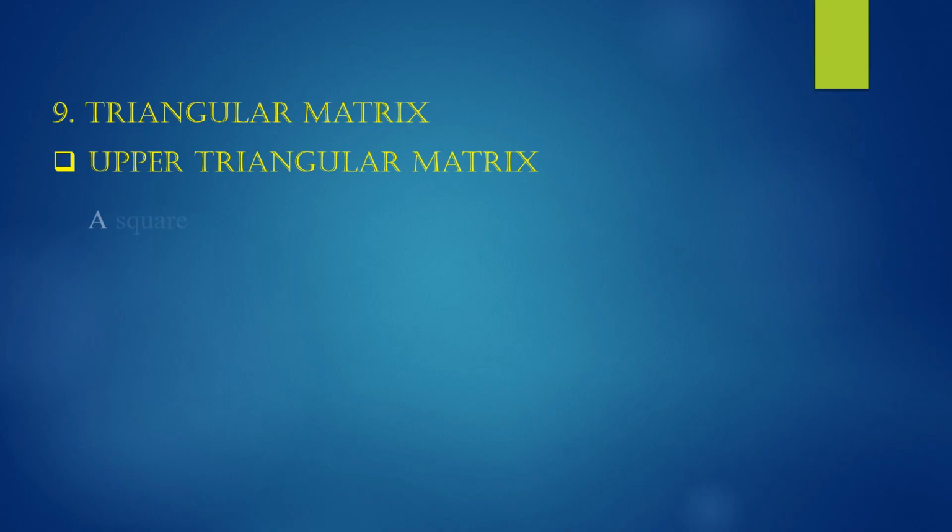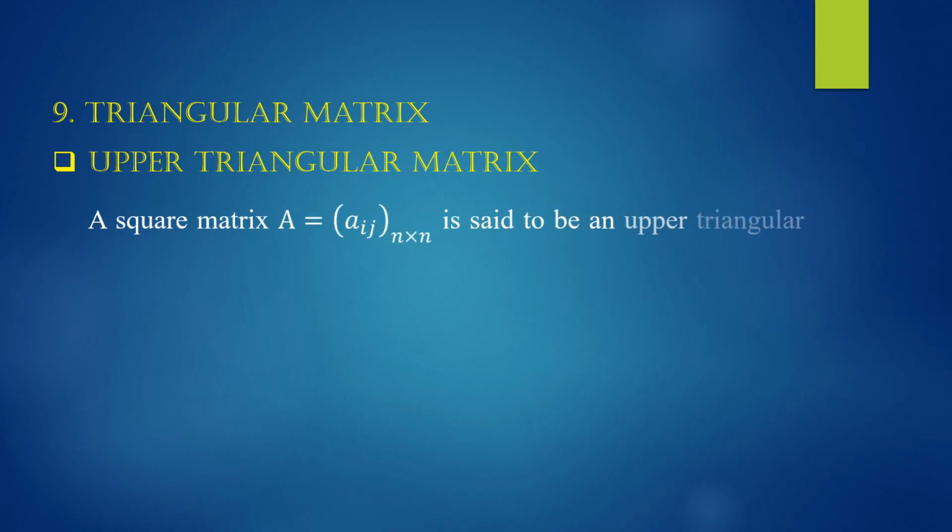So a square matrix A equal to aij is said to be an upper triangular matrix if aij is equal to 0 for i greater than j. For i greater than j means the elements below the diagonal, where the row number is more than the column number. They are situated below the principal diagonal. You got my point?